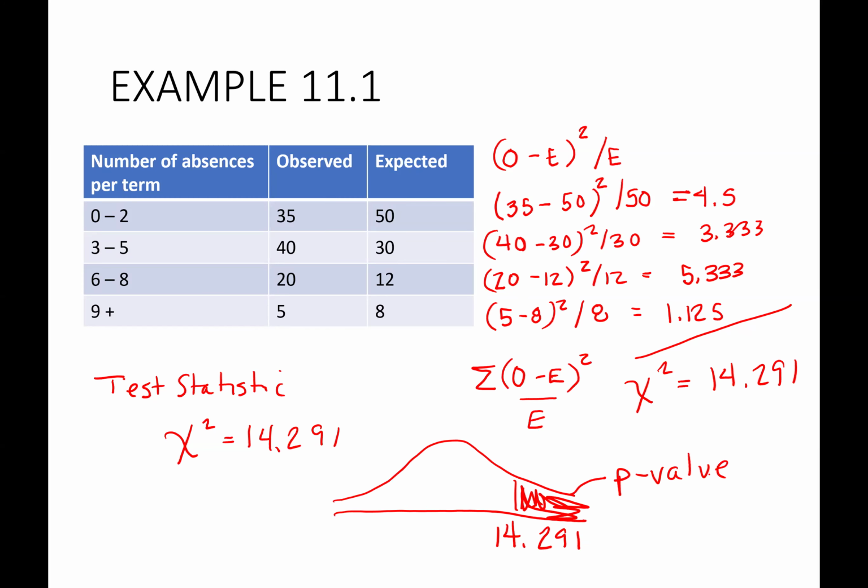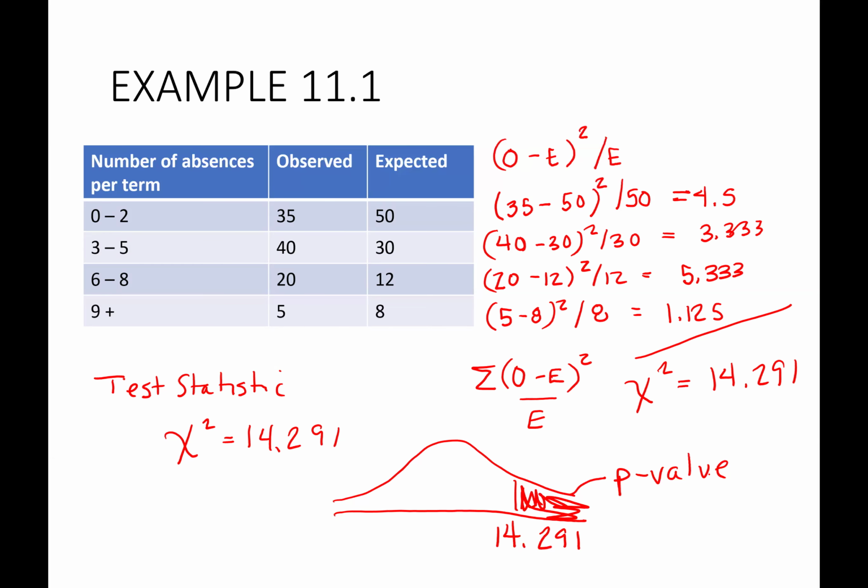What is the probability that I get a value that extreme or more if my observed and my expected are actually the same?